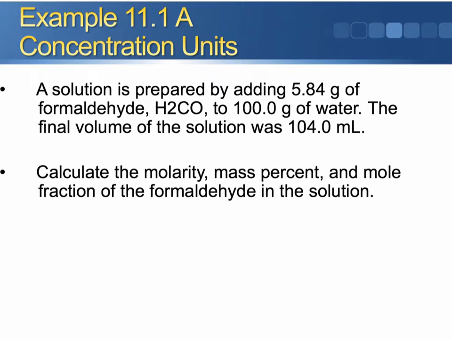So there are equations for these things, but if you just think about them, a percentage is part to whole, and mole fraction is part to whole. You already have these things. You just need to find the little pieces and parts that go in them. So let's do molarity first.